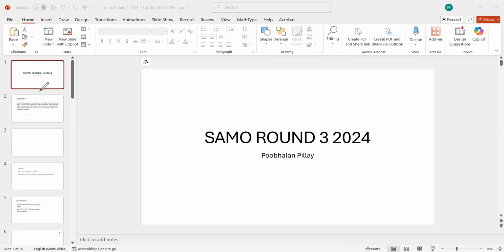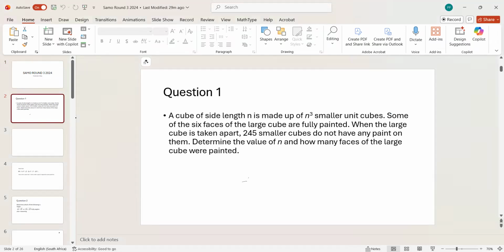Okay, so let's go straight to the very first question. The first question says, a cube of side length n is made up of n cubed smaller unit cubes. Some of the 6 faces of the large cube are fully painted. Some of them, we are not told how many, maybe 1, 2, or 3, or the whole lot.